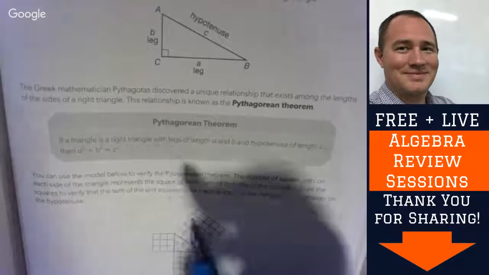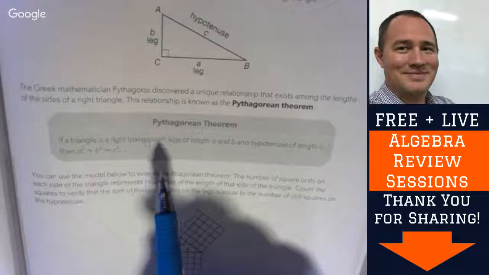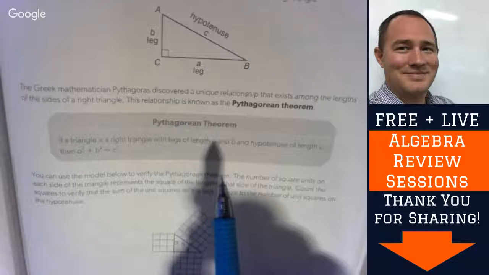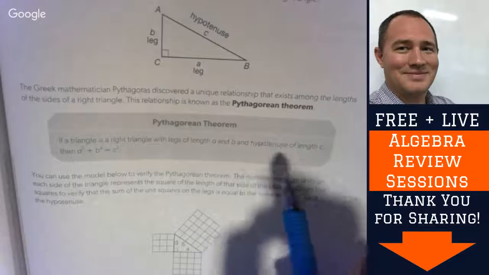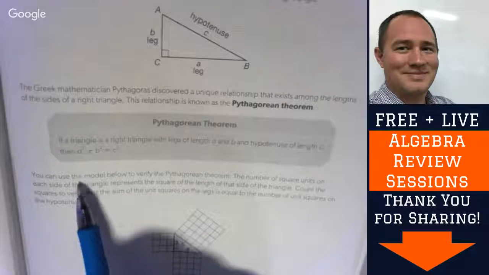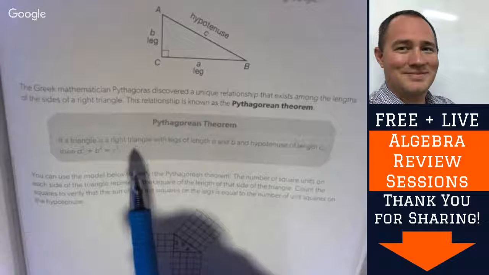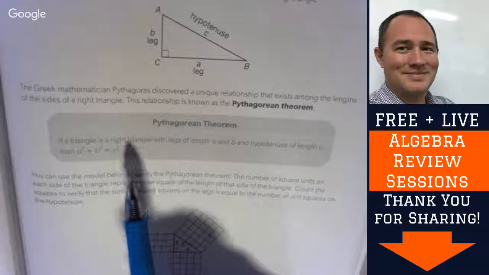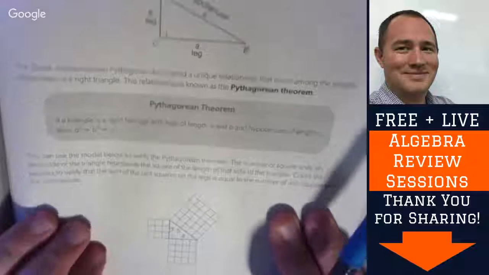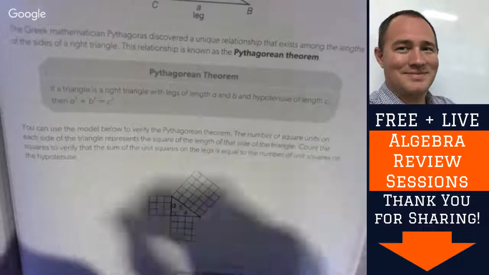So the Pythagorean theorem states that if a triangle is a right triangle with legs of length A and B and a hypotenuse of length C, then there's a relationship that exists where A squared plus B squared equals C squared. And this next example models what that ends up looking like.